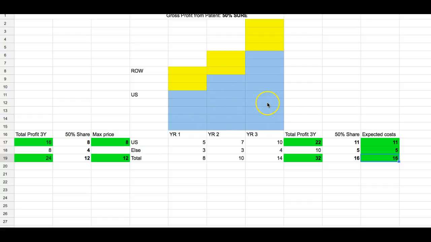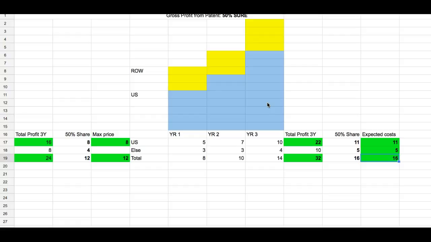The gross profit. But at 50% sure, why are the numbers increasing? It's about the probability, and it's not that the lower the percentage, the bigger the number becomes, because there's a distribution.